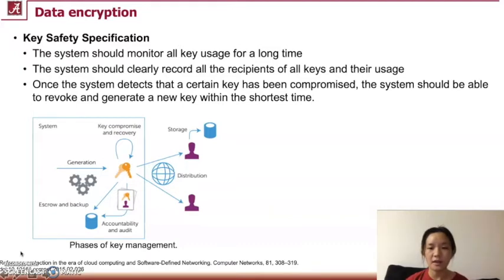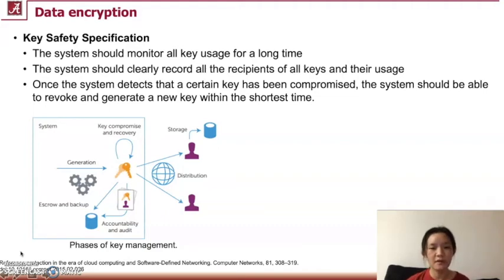And if the holder loses the key, the system needs to formulate a key recovery plan. If the user no longer needed to use the key system, the key should be deleted in time to ensure that it will not be used or queried by other people.